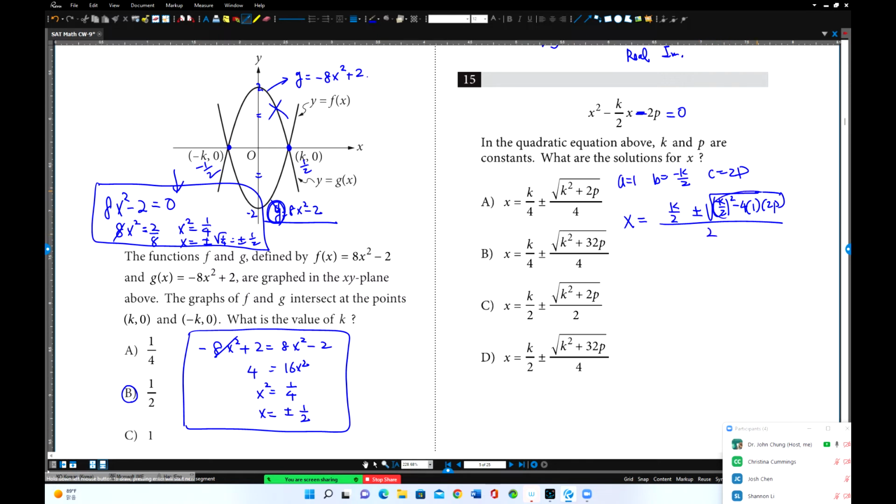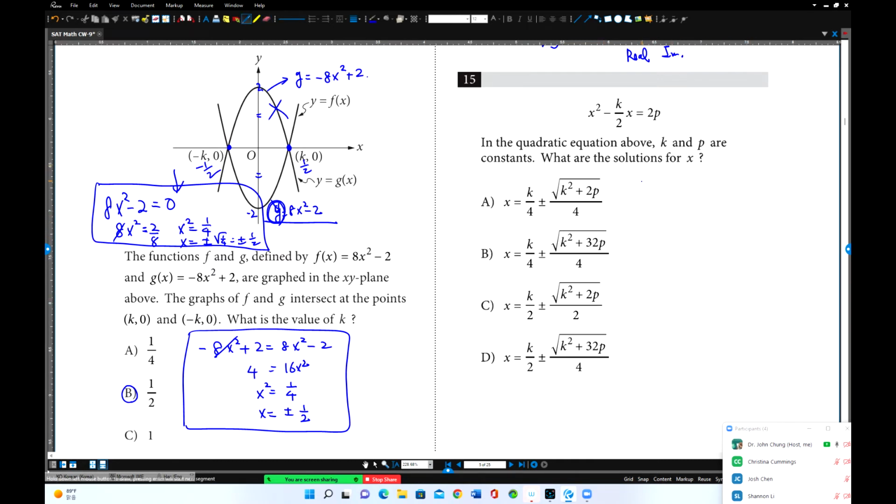In other words, you need to simplify here, because that's a fraction there. But this is not a good idea. That's why when you use the quadratic formula, your coefficients must always be integers. So this is not good. Forget about this one.